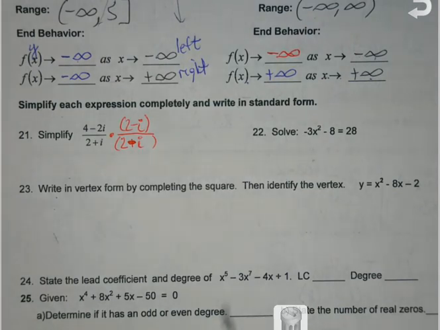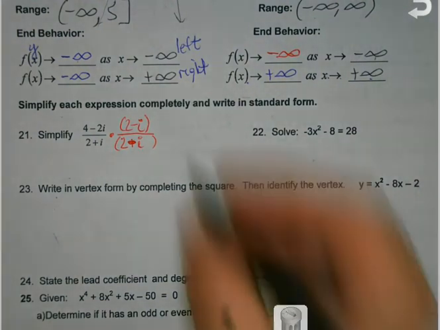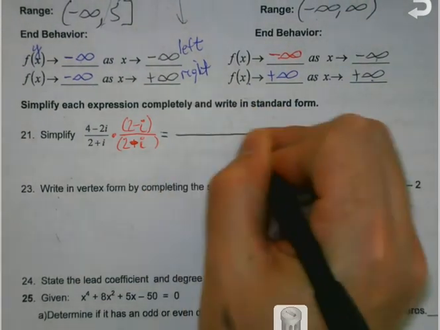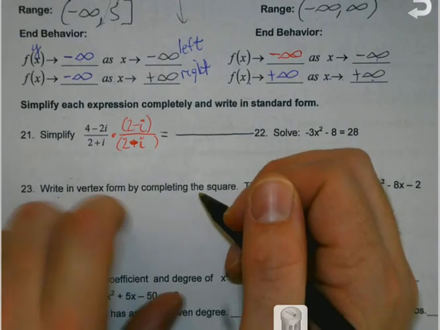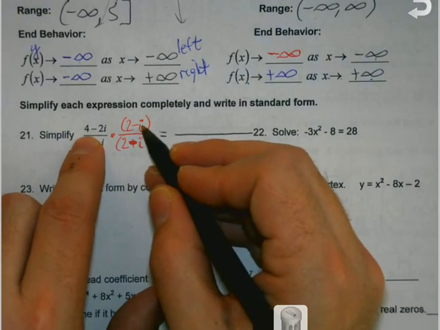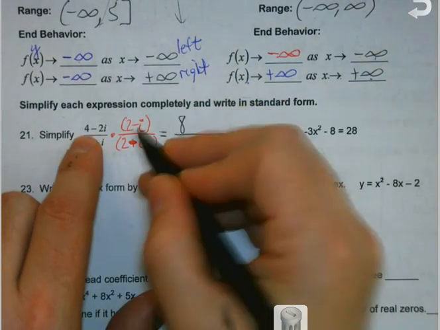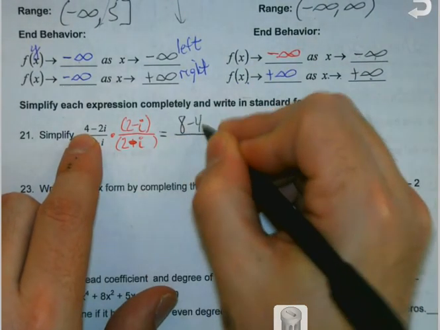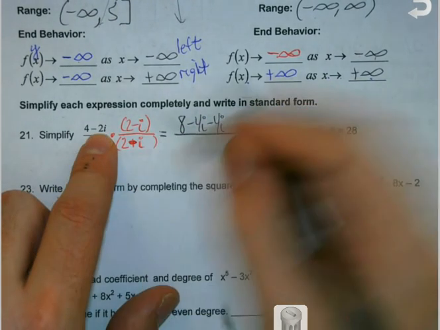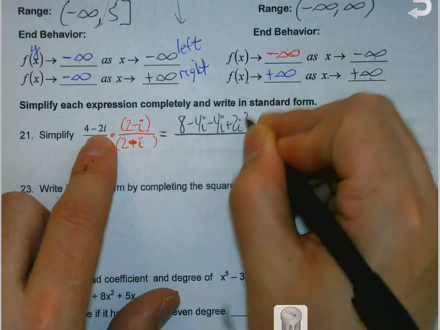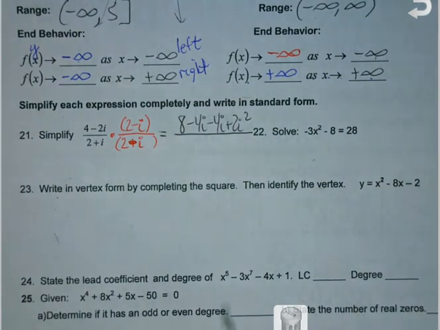As we're doing that, now we have to box this out, FOIL this out, whatever it happens to be. I'm going to save you a little bit of time because we've done the box enough to get most of you going on this. So if I were to box this out, we'd have first, outer, inner, and last.